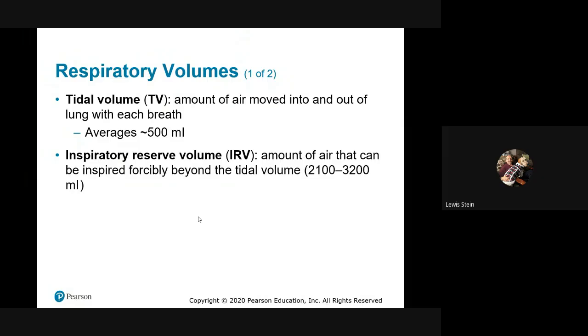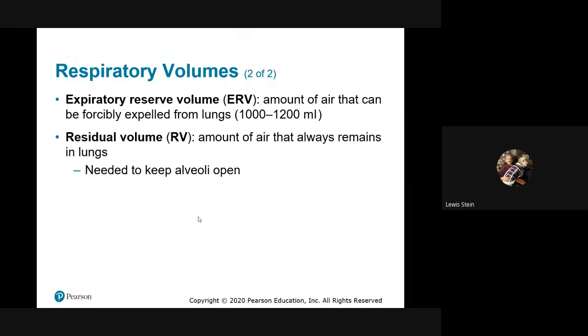Statistically, it's probably a good 2.5 times more. So the inspiratory reserve is this, and notice in a normal individual that's 3 liters. That's pretty substantial. Your total lung volume is probably between 5.5 and 6 liters. The expiratory reserve, you can see, is proportionally less.